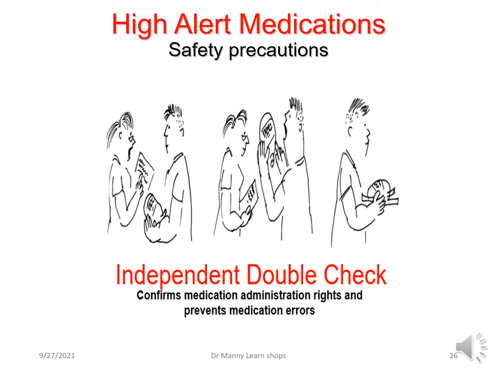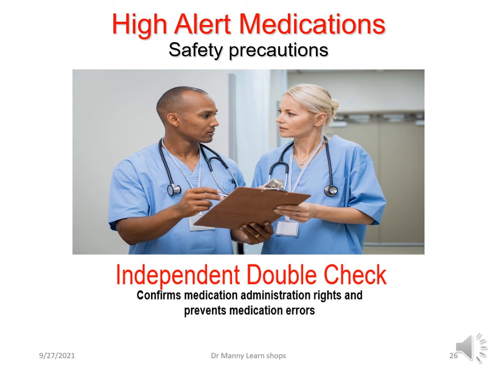With independent double check, each practitioner checks the medication using the 5 rights or whatever process that you use. Then they give it to the second practitioner, who does exactly the same thing independently, and then they both come together and say, yeah, this is the right medication for the right patient, right dose, right route, right date, right time, etc. And then the medication can be given. Independent double check.